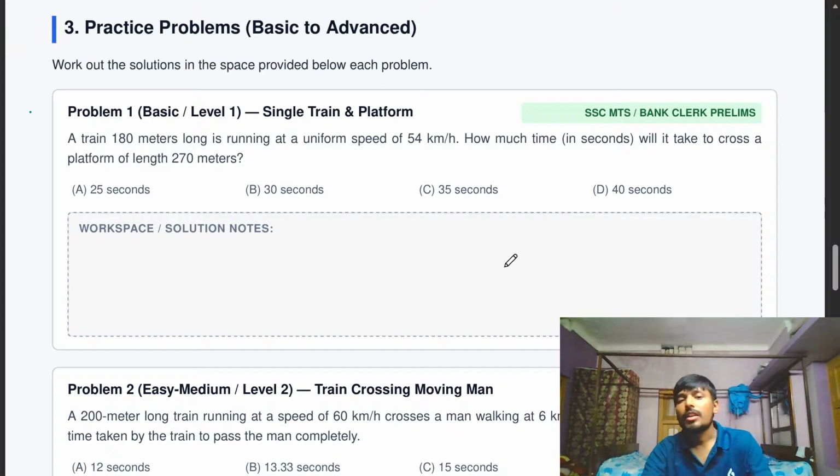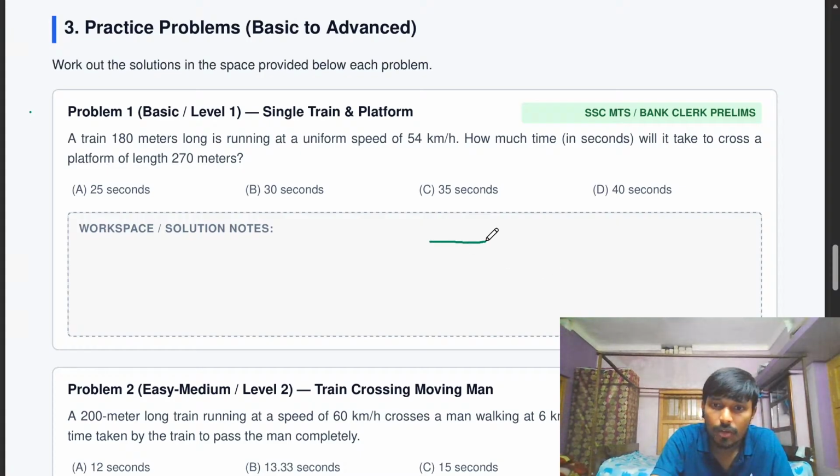Uniform speed. Okay. So how much time will it take to cross a platform of length 270 meters? So suppose this is the platform. Okay, this is a platform. And a train is moving.